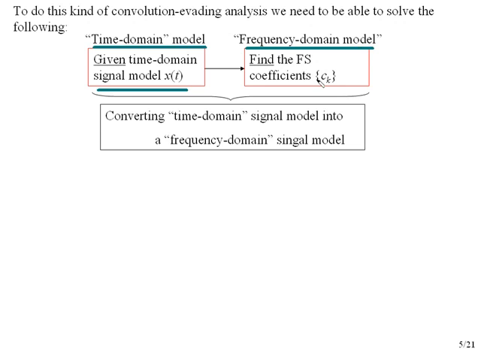And by the frequency domain model, what that means is specifying the Fourier series coefficients, c sub k, or equivalently, the c sub k's are in the complex exponential form. We could specify the a sub k's and the theta sub k's, two sets for the trigonometric form. So what we're doing here is imagining taking our time domain model, which is the function of time, and converting it into a frequency domain signal model, which is just a collection of coefficients.